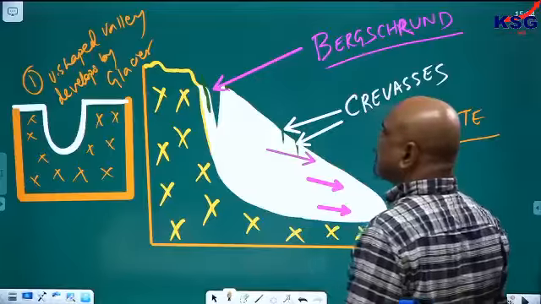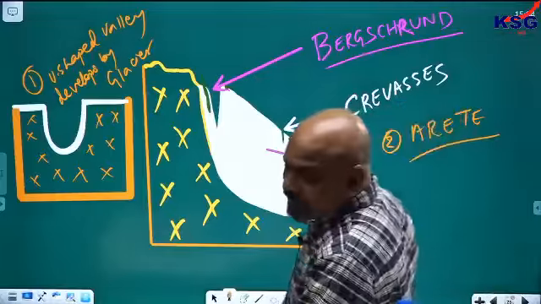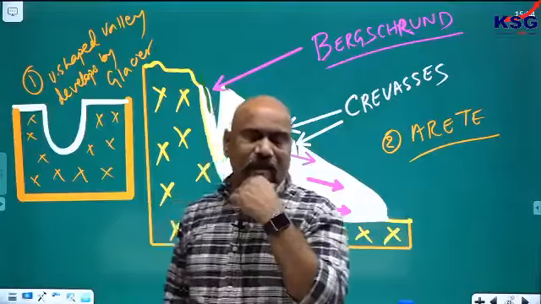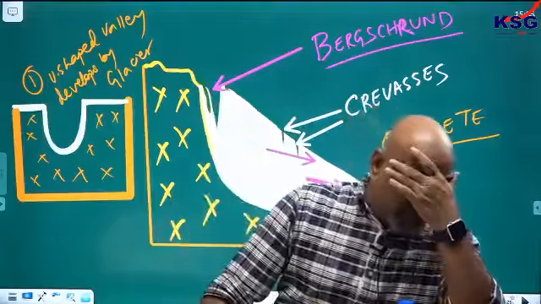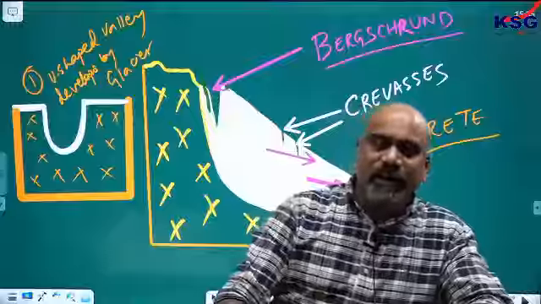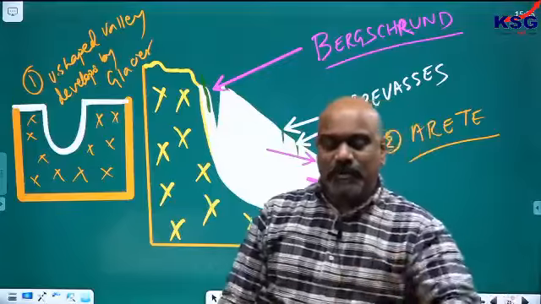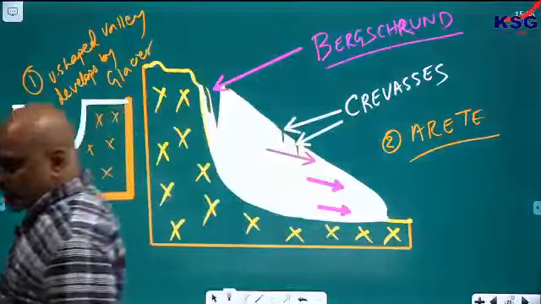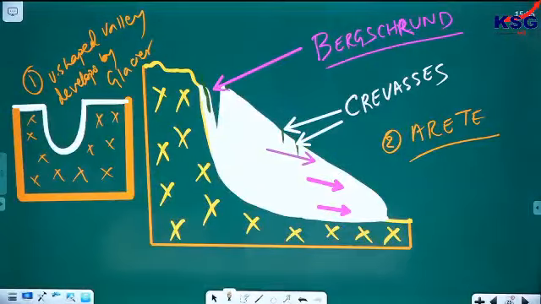I asked, what is a U-shaped valley? These are valleys formed due to abrasion, dominantly abrasion, when a glacier moves away. Whenever a glacier moves, there is abrasion, and this abrasion leads to a polished U-shaped valley.